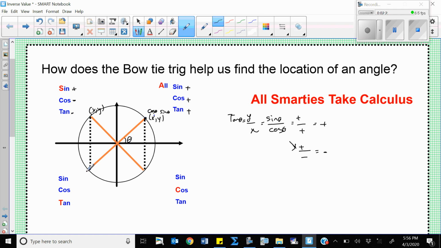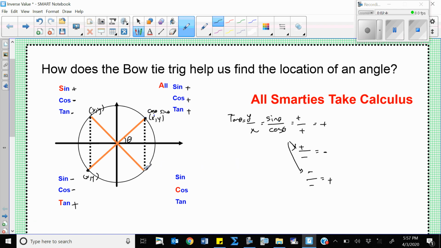On the third quadrant, x and y are both negative because x is on the left side and y is below the x-axis. So that means sine and cosine are both negative. And tangent will be negative divided by negative, which is a positive value. So here tangent is positive, but the other two are negative.